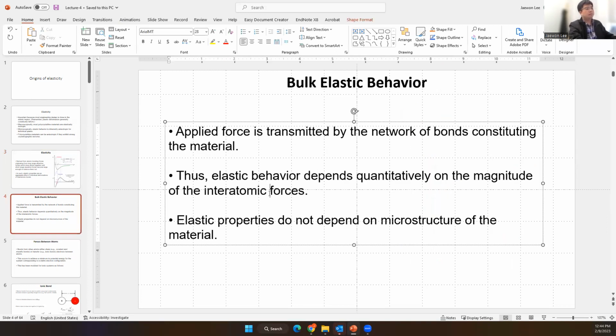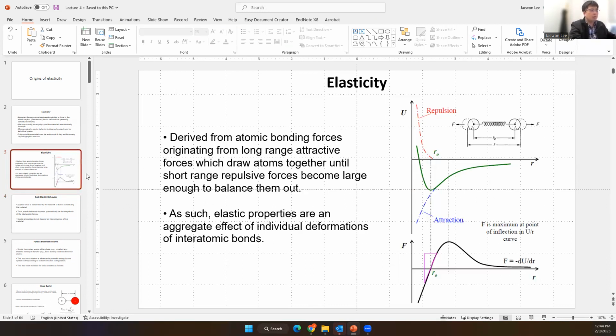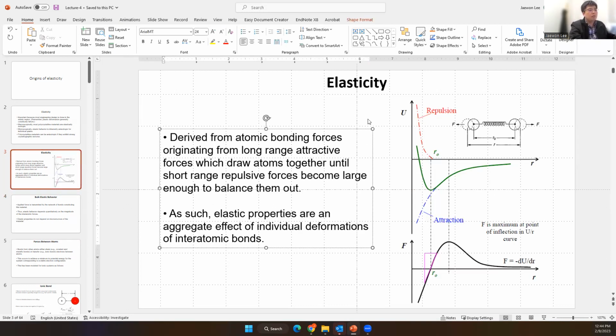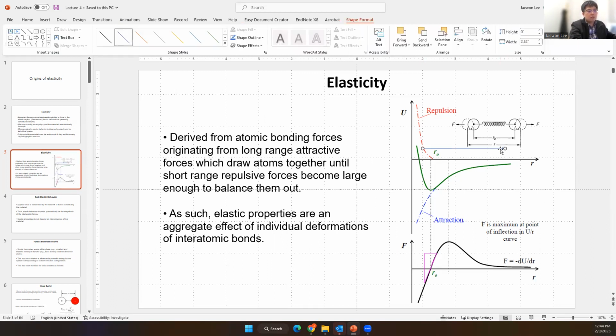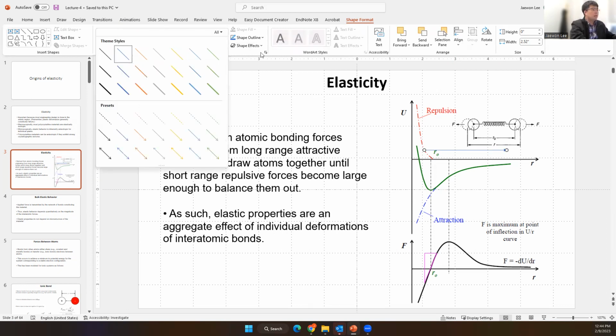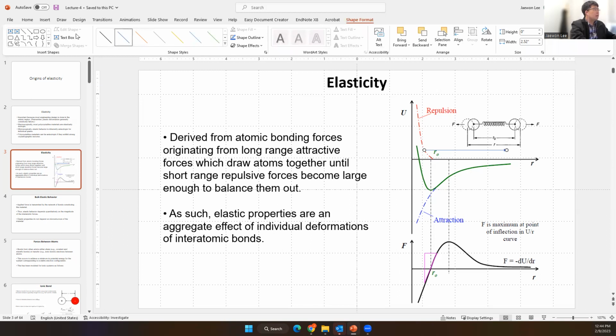So elastic behavior should depend on the magnitude of the internal atomic force. Just imagine if we increase the distance between atoms, they really want to go back to the stable area, right?